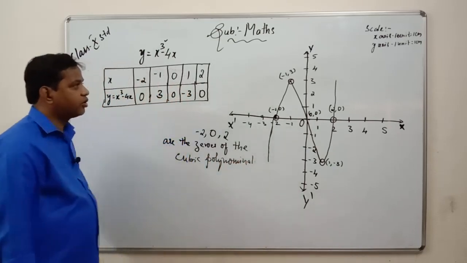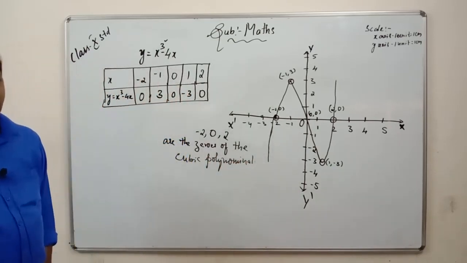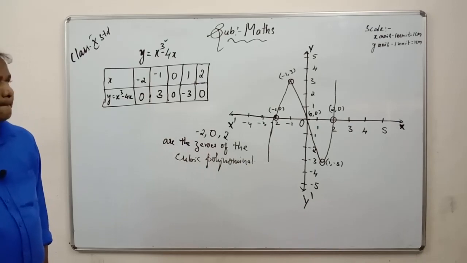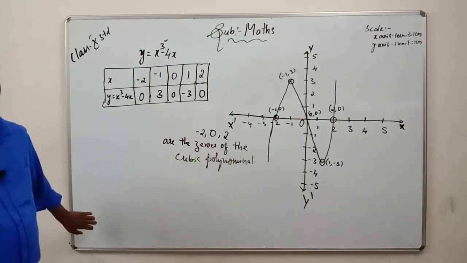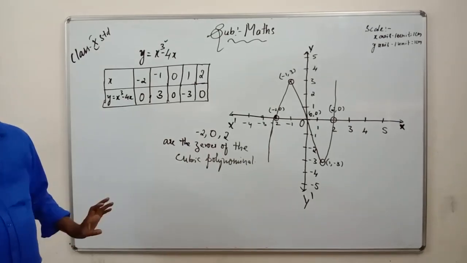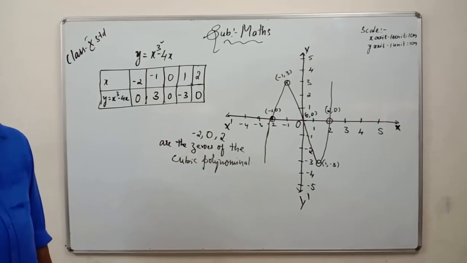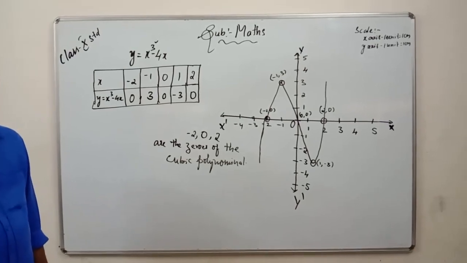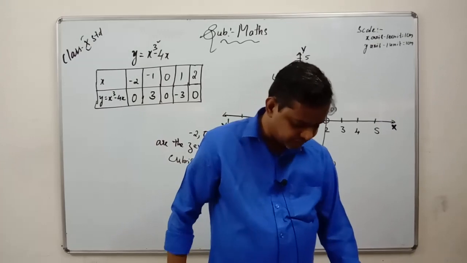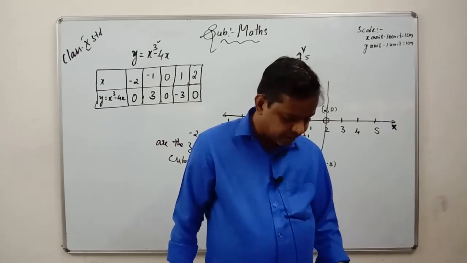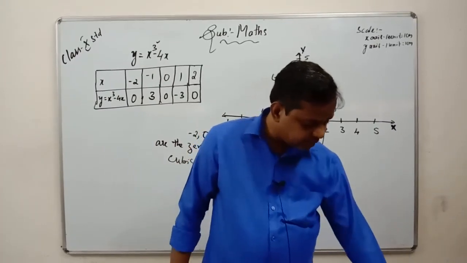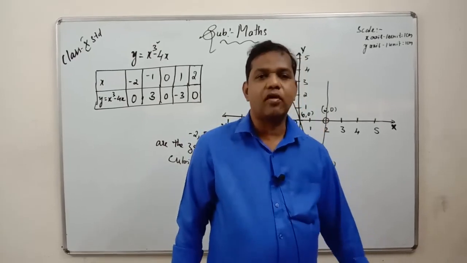I want everyone to copy the graph. I'll give 10 to 15 seconds. Now let us go to figure 9.9, given on page number 8 in polynomials.